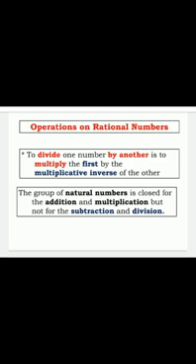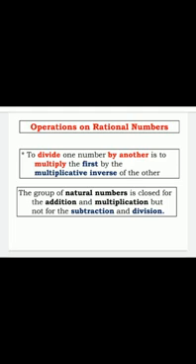Operations on rational numbers. Now here you have to remember some points, children, to know the operations on rational numbers. The first point is to divide one number by another is to multiply the first by the multiplicative inverse of the other. Now what do you mean by multiplicative inverse?